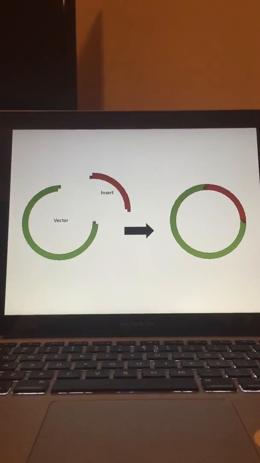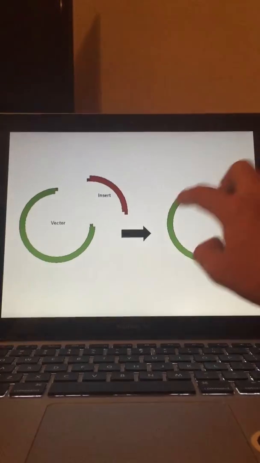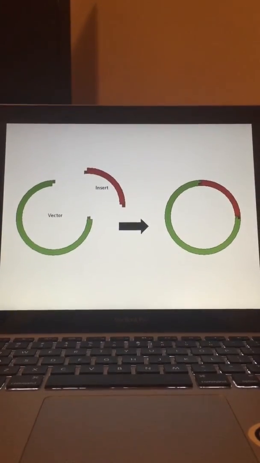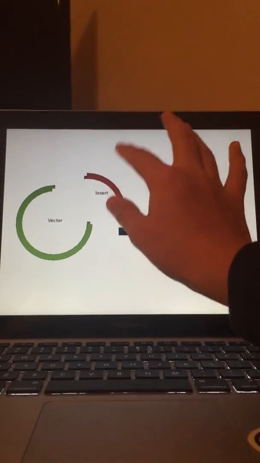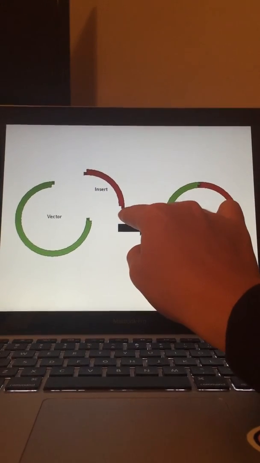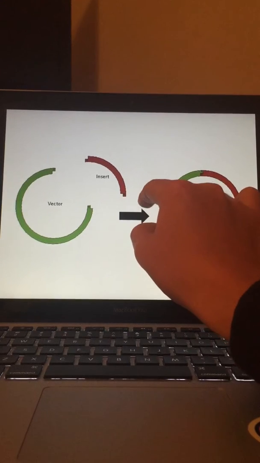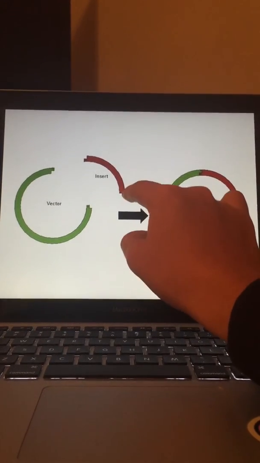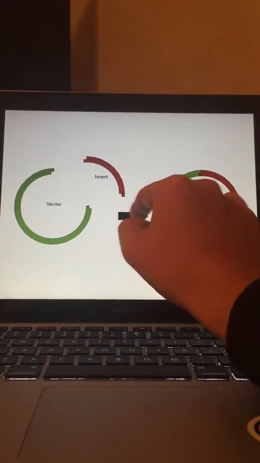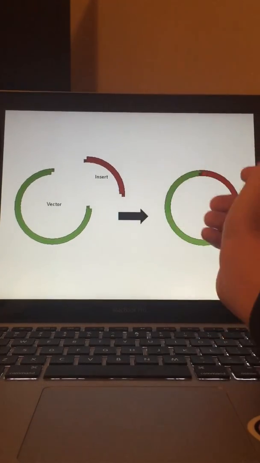So what the picture shows is that this whole thing is the plasmid. This, you would say, is the desired gene. And notice how it's not cut basically straight. That's what a sticky end is. But if it was cut straight, that would be a blunt end.